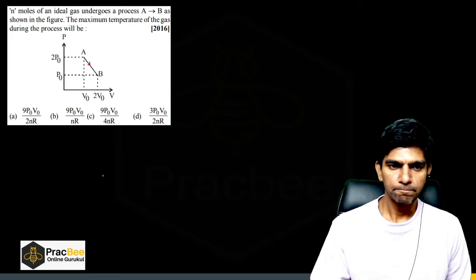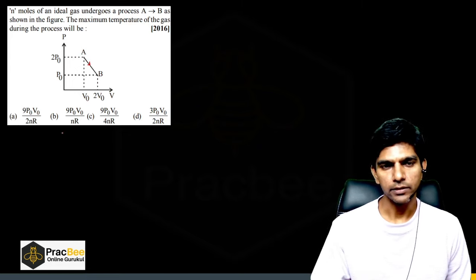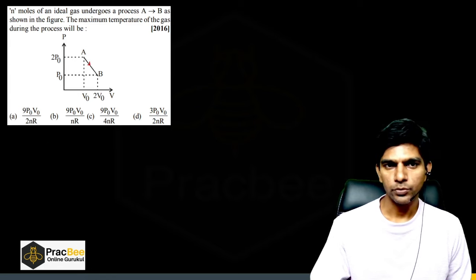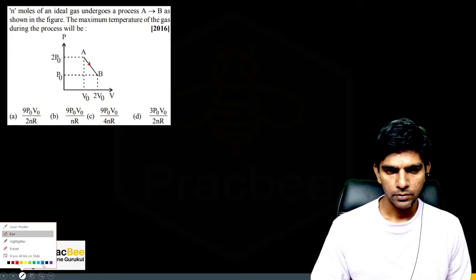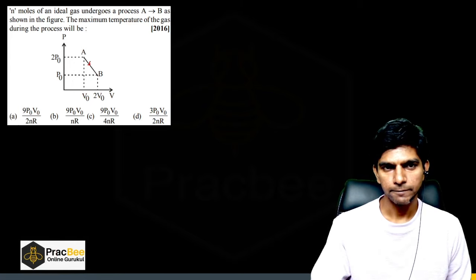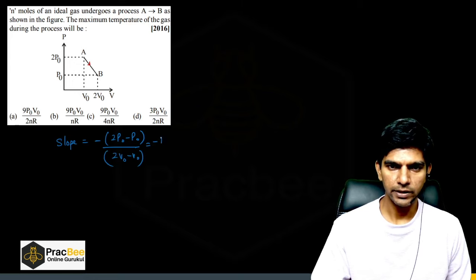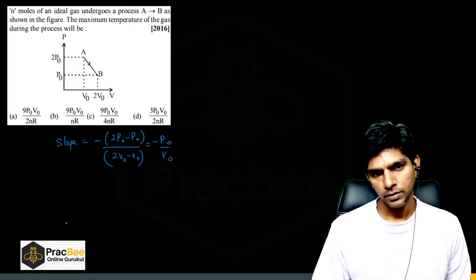We can draw the equation of this line. It's a straight line, so we can use the point slope formula. The slope is nothing but minus of 2 P naught minus P naught over 2 V naught minus V naught, right? So this is nothing but minus P naught by V naught.